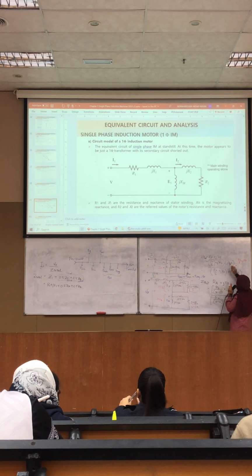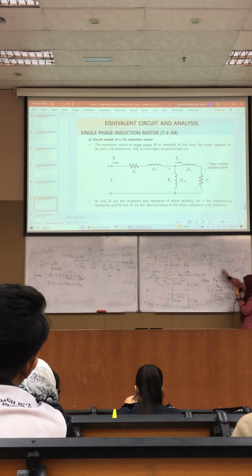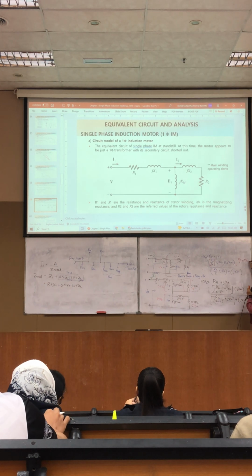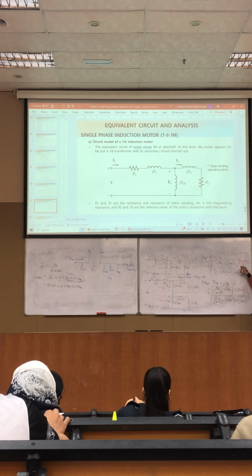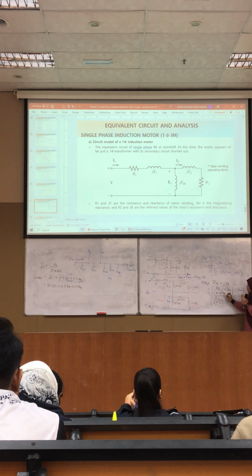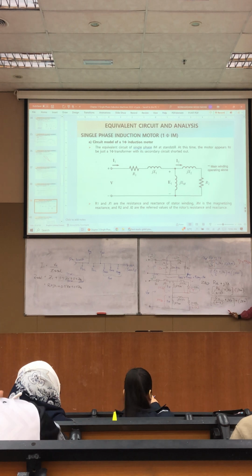Half of your rotor in parallel with the magnetization impedance JXM. That's why it is this. And the same concept applies for backward. The only difference is this one is 2 minus S. So R2 over 2 minus S only.